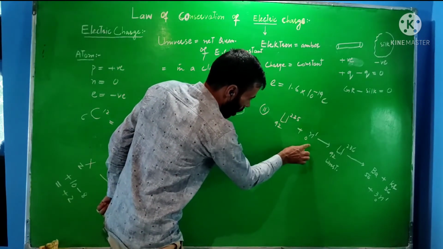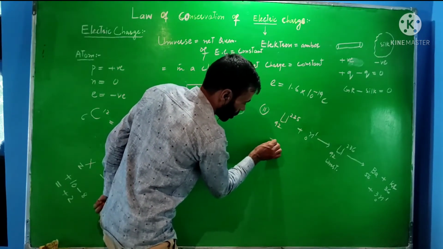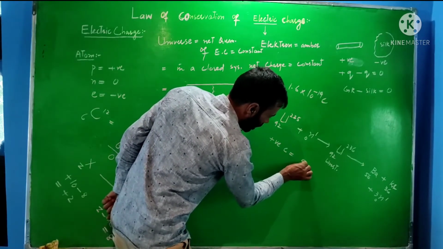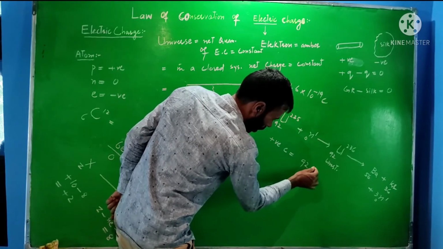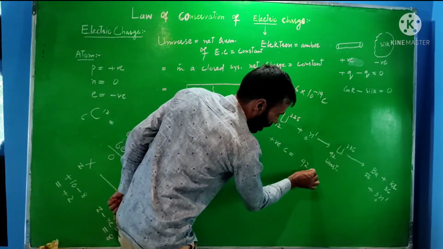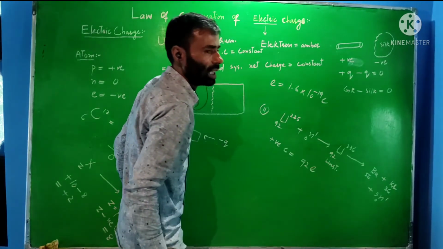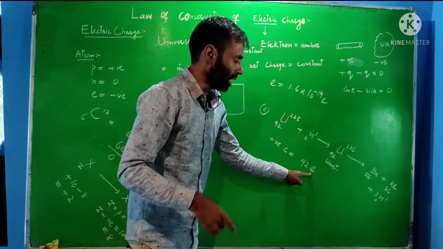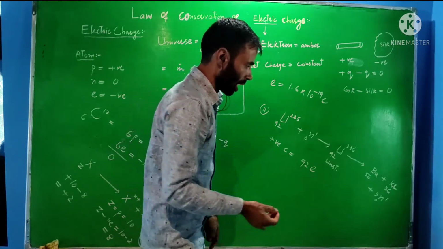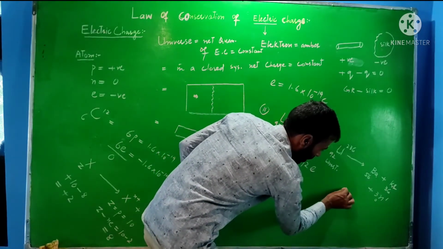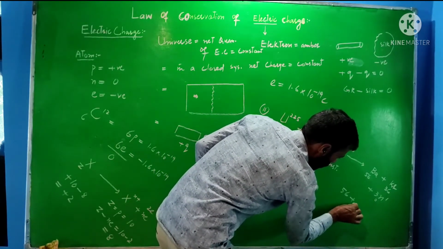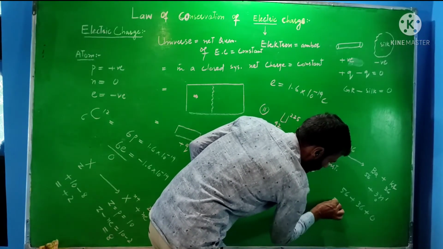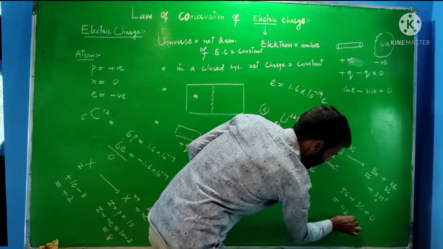The positive charge on the reactant side is 92 plus 0 times the charge on one proton. Taking the charge on one proton as e, that is 92e, where e is the magnitude of charge on a proton. On the product side, 56 plus 36 plus 3 times 0 is again equal to 92e.